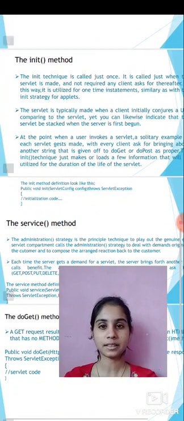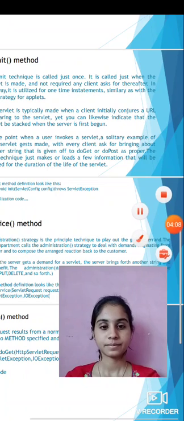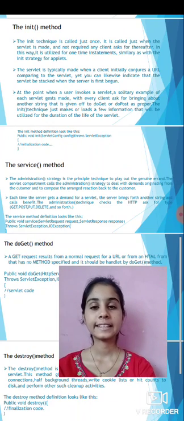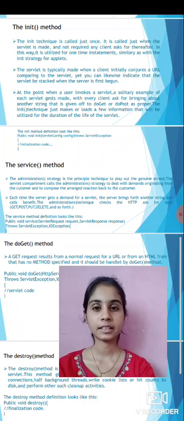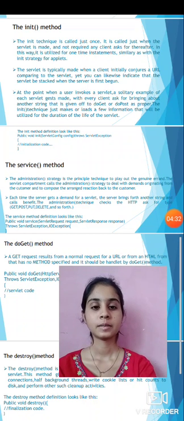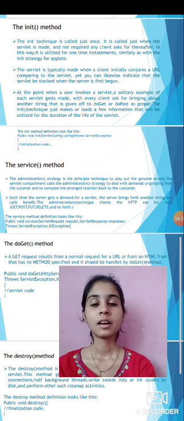First, the init method. The init method is called just once. It is called only when the servlet is created, and not every time a client makes a request. Therefore, it is used for one-time initialization, similar to the init method of applets.